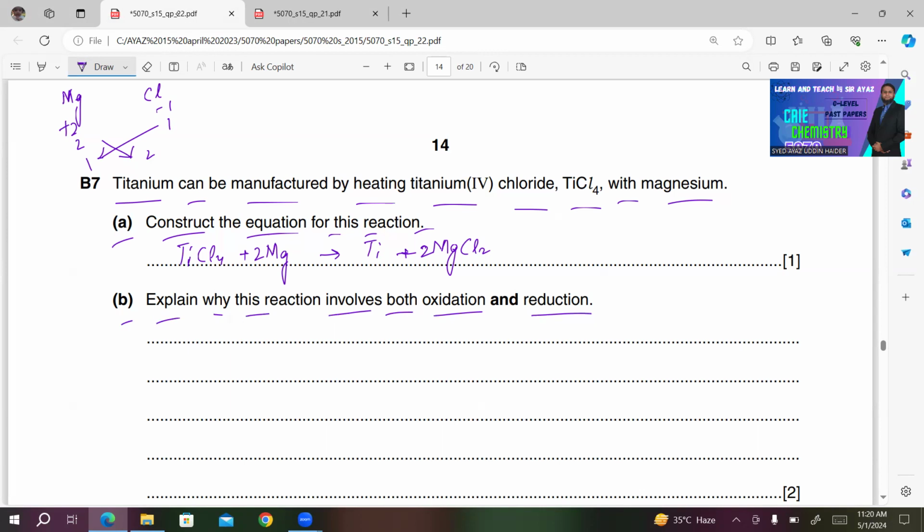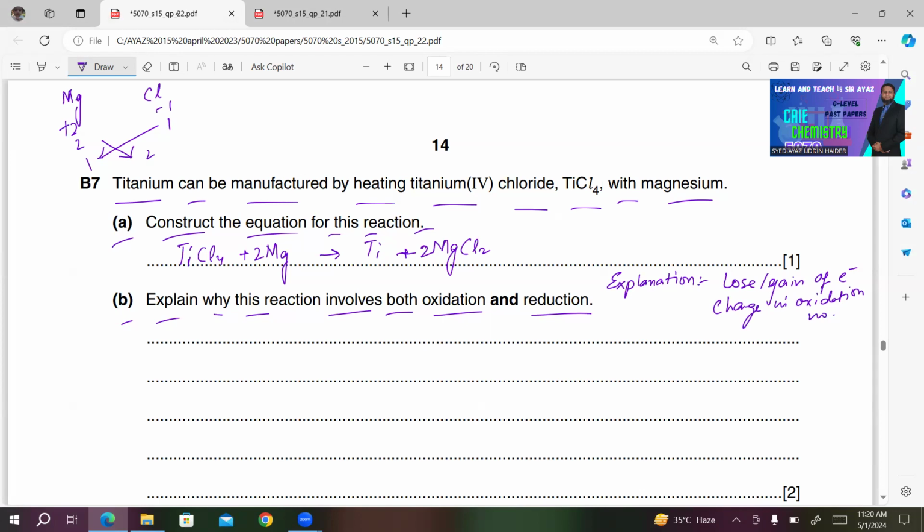If you look at the equation, you can explain in terms of loss and gain of electrons or change in oxidation number. Explanation: loss or gain of electrons, change in oxidation number.